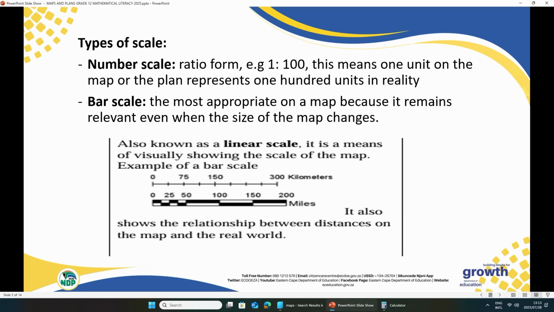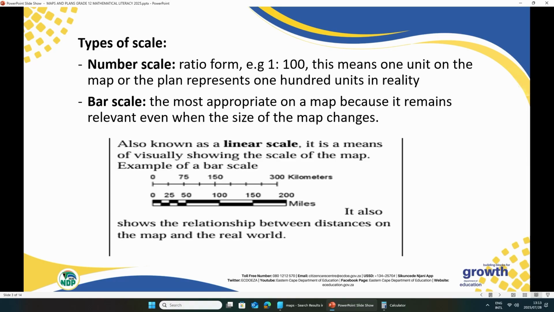So what does this mean? This means 1 unit on the map or the plan represents 100 units in reality. Remember, the number on the left represents measurement on the map, and the number on the right represents measurement in reality or on the actual object.